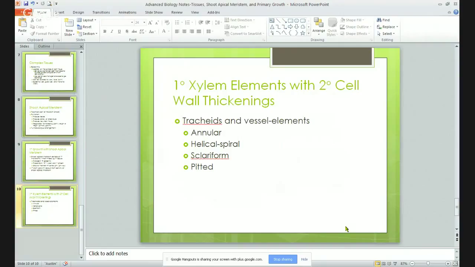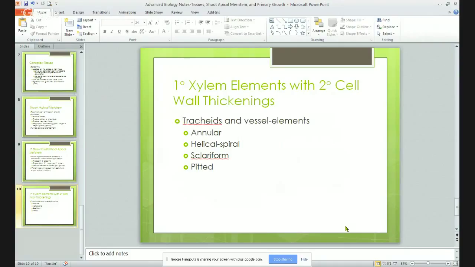The next one, my professor drew. It doesn't have a name because it doesn't work. There's a reason why all of the cell walls don't thicken all at once throughout the inside of the vessel element, and that's because since it's so thick like that, there would be no way to get water to the cells on the outside.